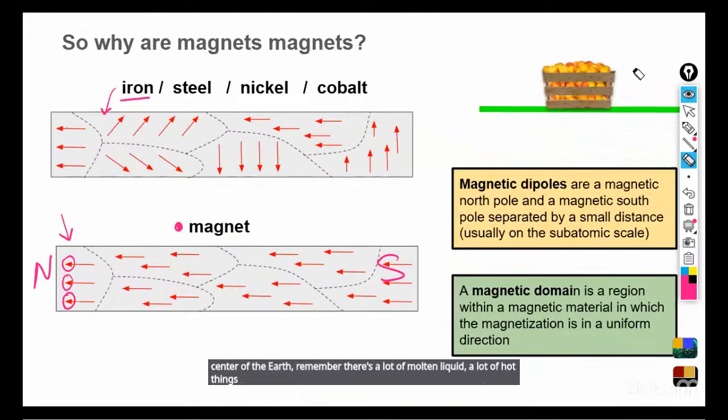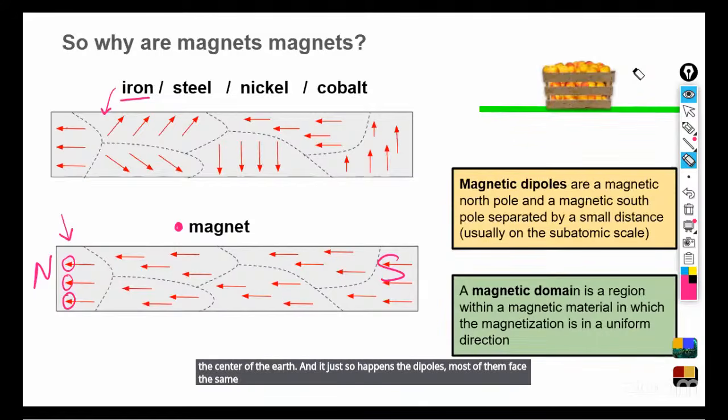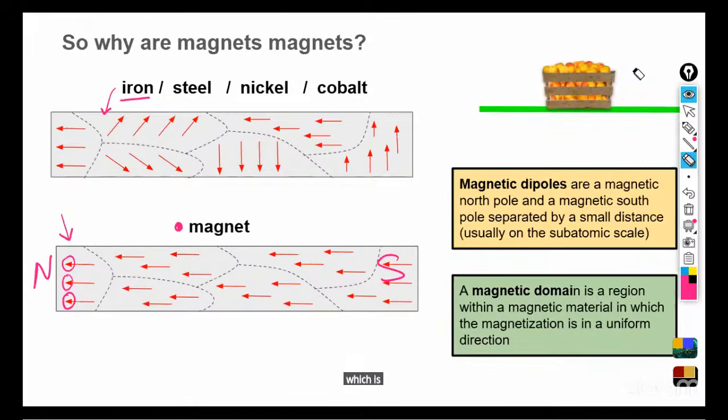There are dipoles floating around the center of the earth. And it just so happens most of the dipoles face the same direction, which is why the earth is a huge magnet. It's one of the reasons. That's a simple explanation.